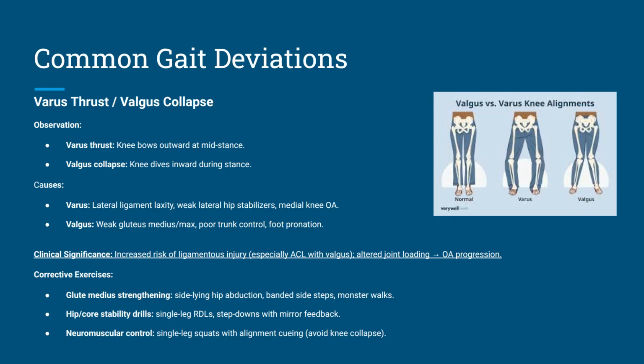Biomechanical mechanism: these are frontal plane control problems. Valgus collapse typically reflects poor hip abductor / external rotation control, trunk instability, or poor foot to knee to hip coordination.